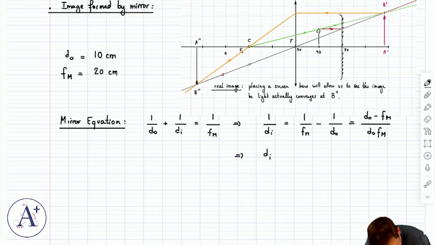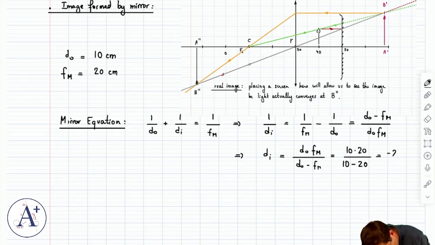Careful, don't forget to flip this. We want d image, not 1 over d image. So d image equals d object fm divided by d object minus fm. That is 10 times 20 divided by 10 minus 20. Okay, well that gives us minus 20 centimeters.